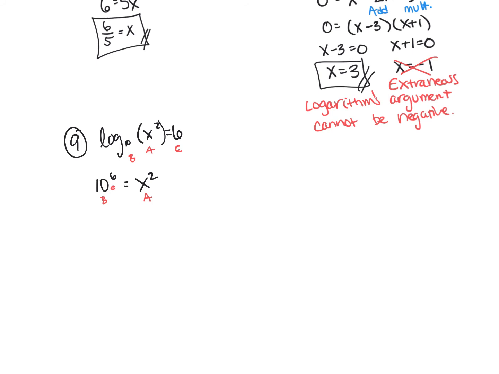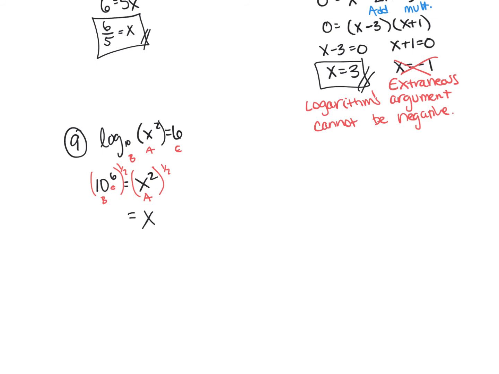Now you can go through, find 10 to the 6, and then take the square root of that. However, what might be faster is if I put both sides to the power of 1/2, since putting something to the power of 1/2 is the same as square rooting. Now if I was to multiply this 2 and this 1/2 together, I just end up with x, or an x to the power of 1. So those things will cancel out.